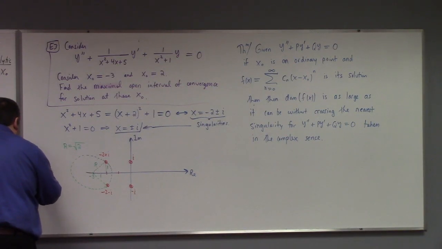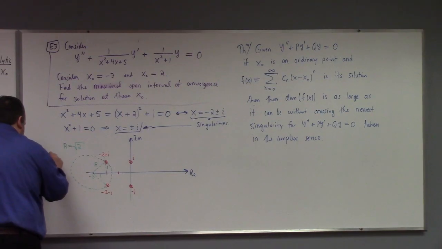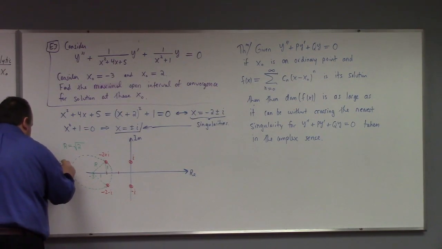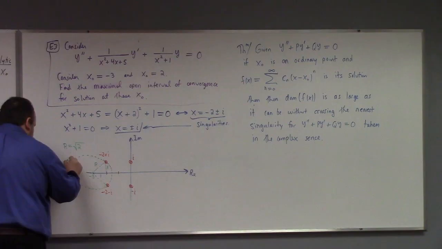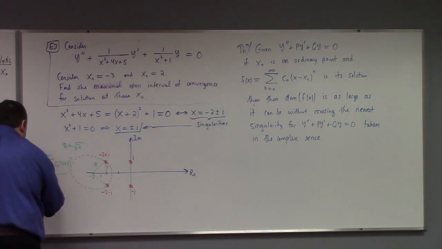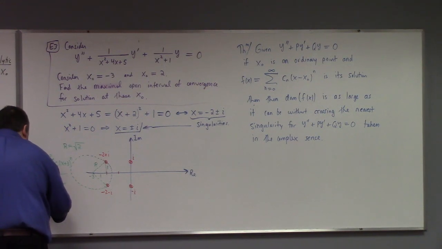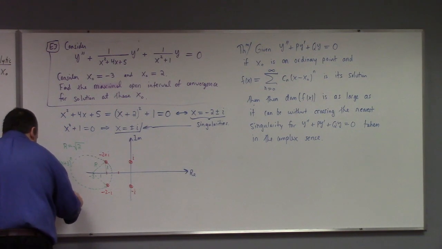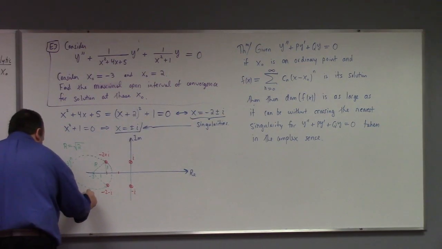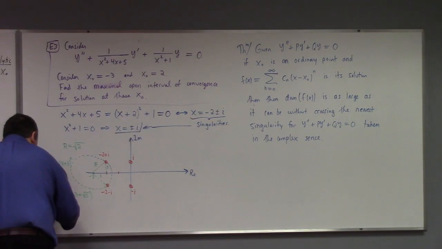If I was to write f of x as the sum, n equals 0 to infinity, c n times (x plus 3) to the power n, this will converge on -3 minus the square root of 2 to -3 plus the square root of 2, at least.